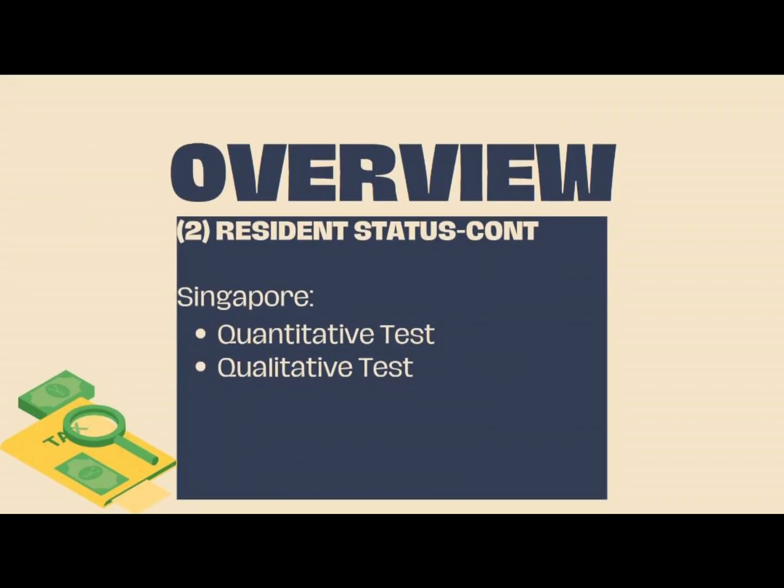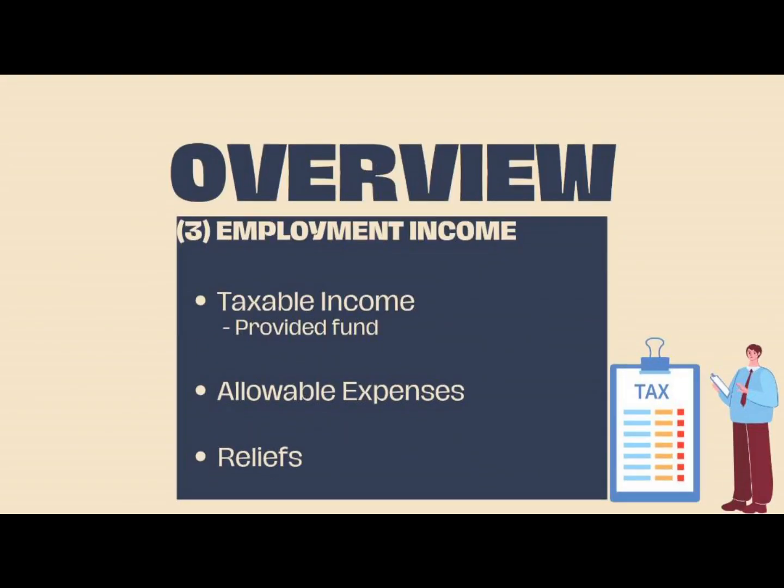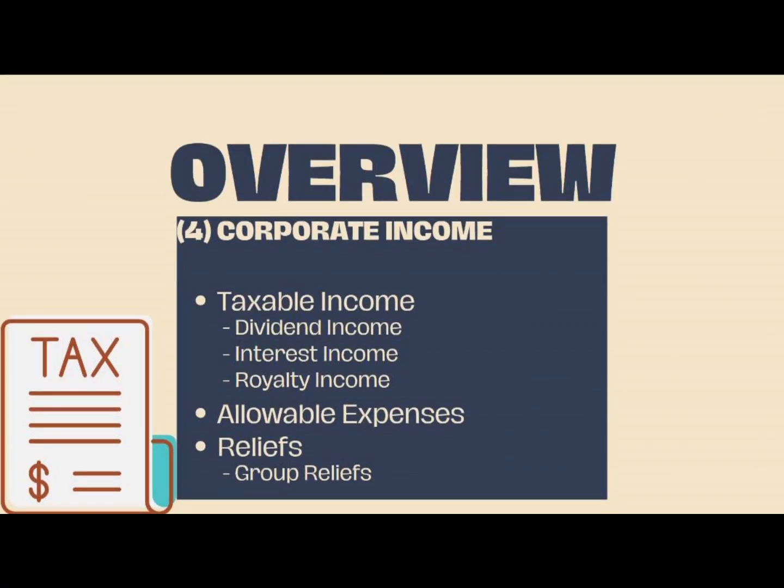On the other hand, in Singapore, they are using 2 tests to determine the resident status, which are quantitative tests and qualitative tests. Then, the third part compares the taxable income, allowable expenses, and reliefs of the employment income. The taxable income part will compare the provident fund in Malaysia and Singapore.